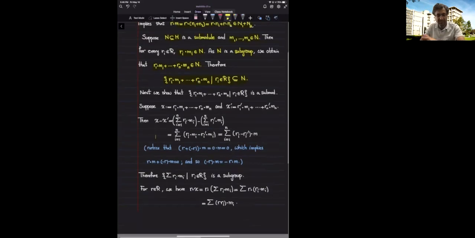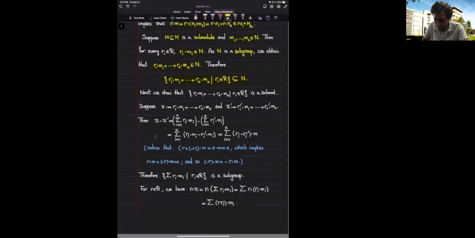Okay, so let's see why it is a submodule. I pick two elements, look at the difference, and show that the difference is still an R linear combination of m sub i's. And I multiply it by some element inside R and say that it is still an R linear combination of m sub i's, from which we can deduce that this set is a submodule.